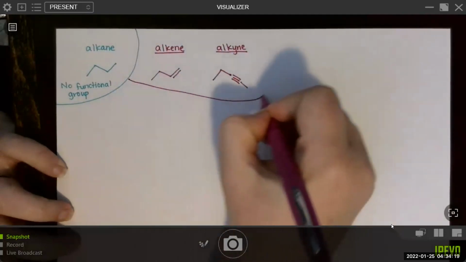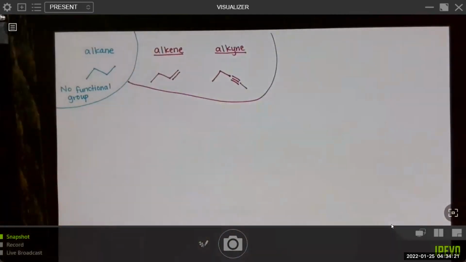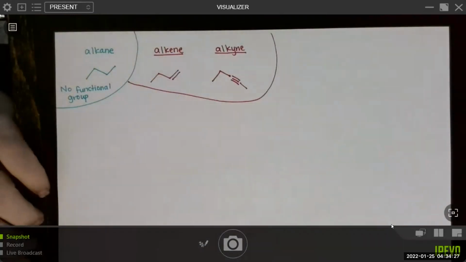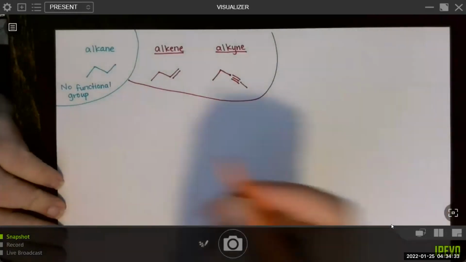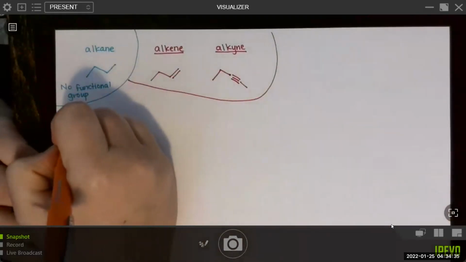And I'm going to use different colors just because I think it's going to be easier to remember. Colors really help memory, to visualize differences. Okay, let's keep going with an alkyl halide.